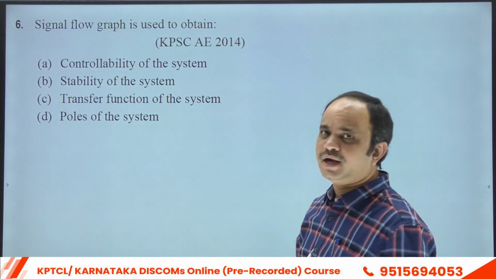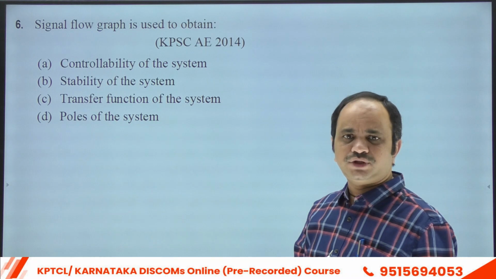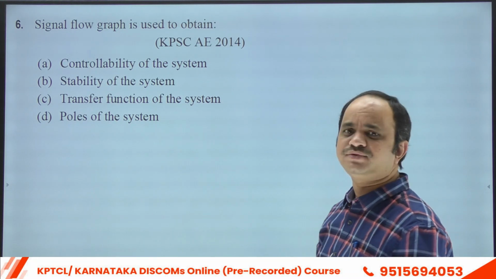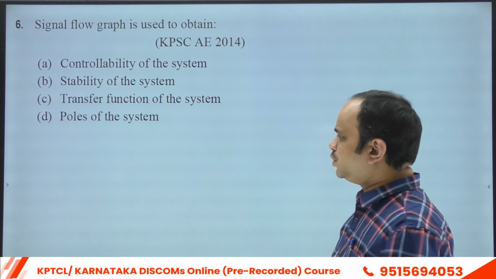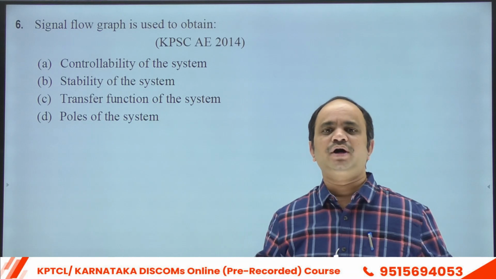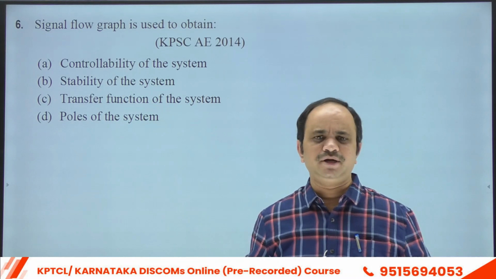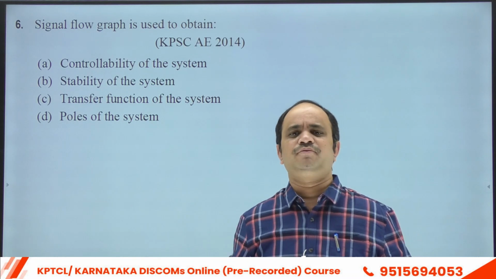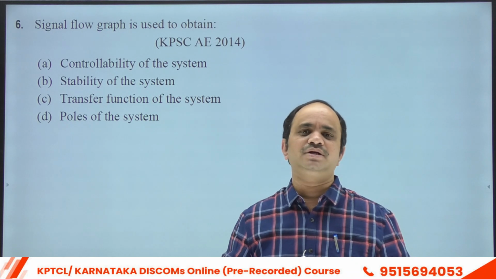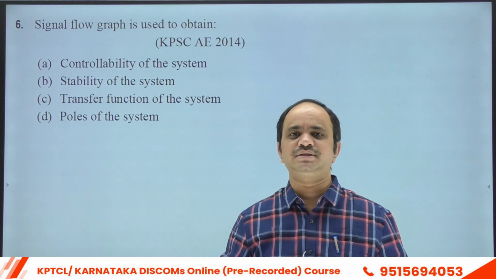Now, let us look into the next question. Signal flow graph is used to obtain. The basic function of a signal flow graph is to find the transfer function of a given system. If a block diagram is very complicated, with multiple loops and more forward paths, calculating the transfer function using the block diagram is somewhat laborious.